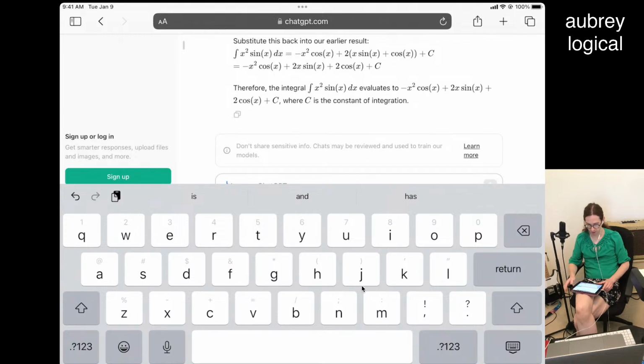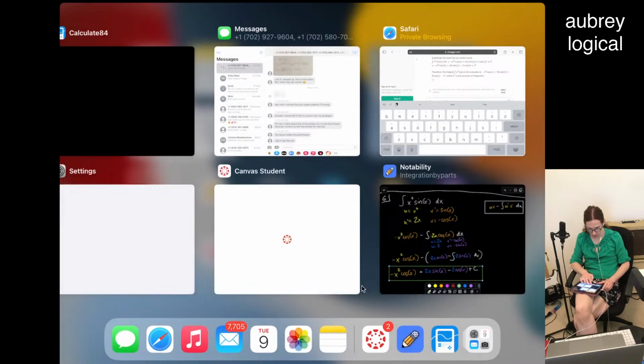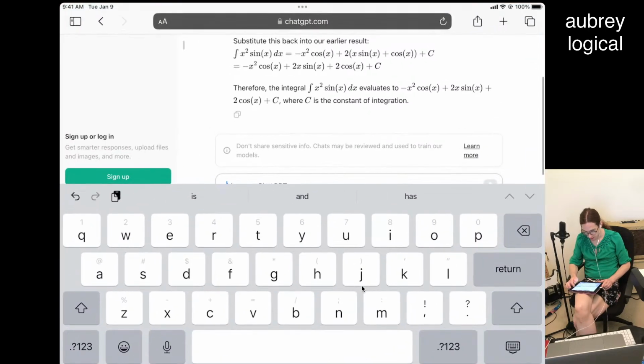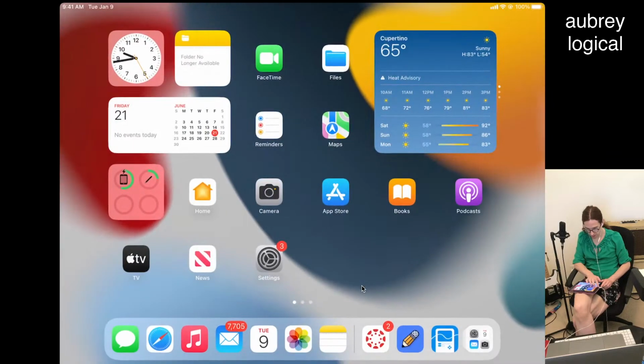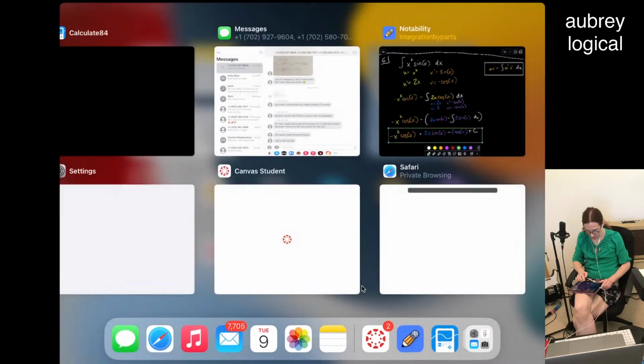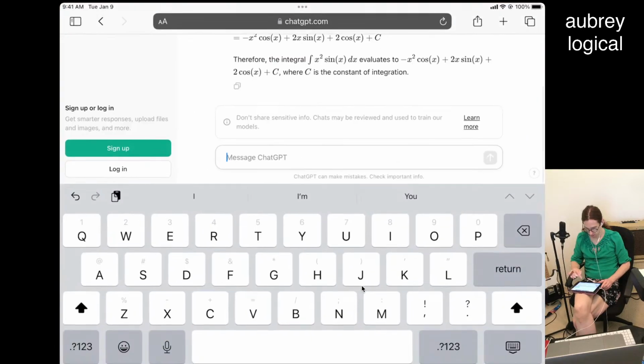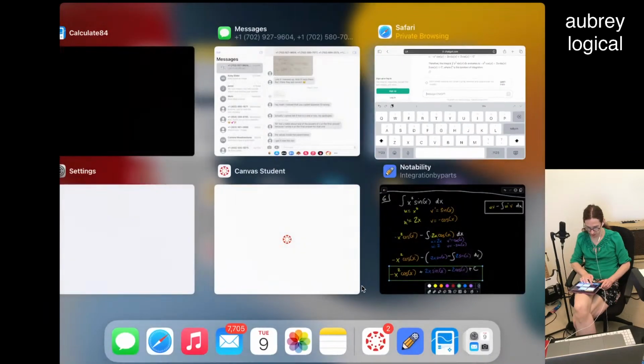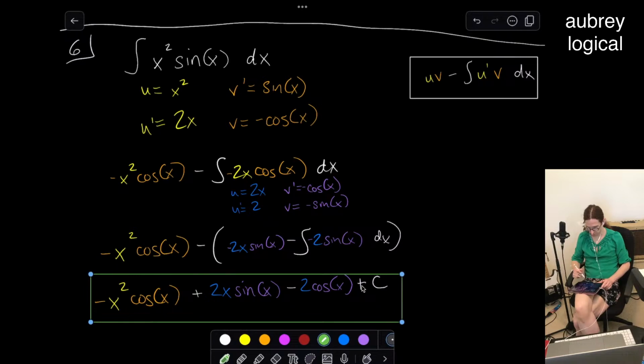So it's negative x squared cosine positive 2x sine positive 2 cosine, minus x squared cosine of x plus 2x sine of x, minus, no, plus 2 cosine of x plus c. So I was wrong.